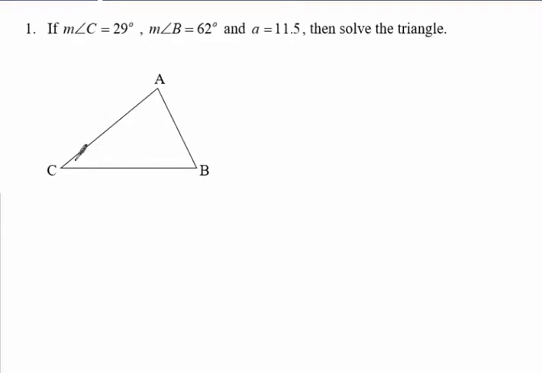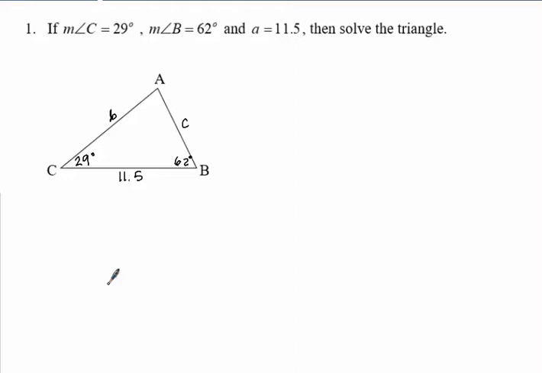Angle C is 29 degrees, angle B is 62 degrees, and side a, opposite angle A, is 11.5. I'm going to label this side b and this side c. The sides are labeled according to the angle that they are opposite.